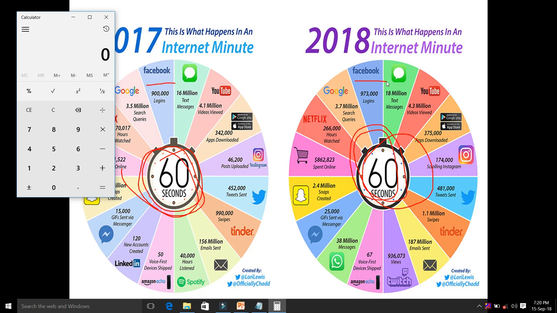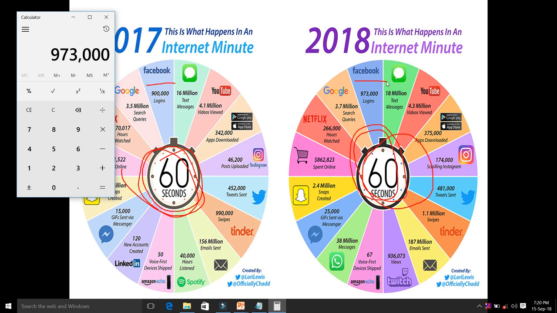Let's assume that these 9 lakh 73,000 people post something, a status, or just upload one simple image. So 9 lakh 73,000 people upload an image in a minute, because that many people log in per minute.